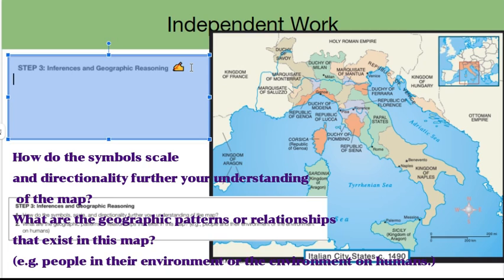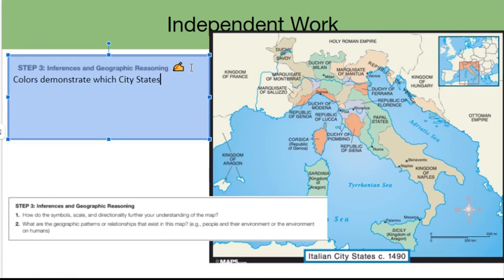I don't really have symbols on here other than color coding, which lets me know, if I look at, let's say, orange says Republic of Genoa, that orangish peachy color, the colors demonstrate which city-states were in control of different areas.